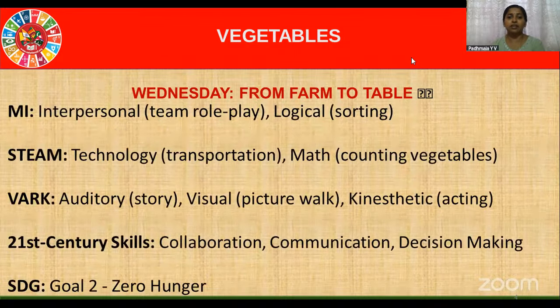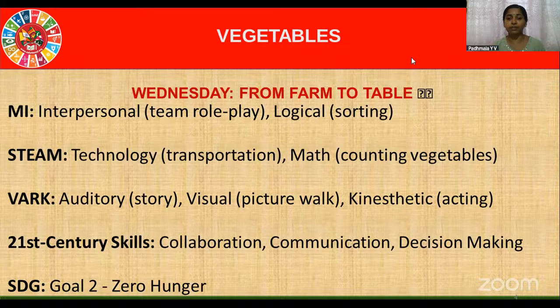Here, multiple intelligence, that is interpersonal skill, that is team. They are building the cardboard truck. It is a team. When they are playing a drama, it has to be a team. Teamwork is more here. Then logical: children are sorting the vegetables.